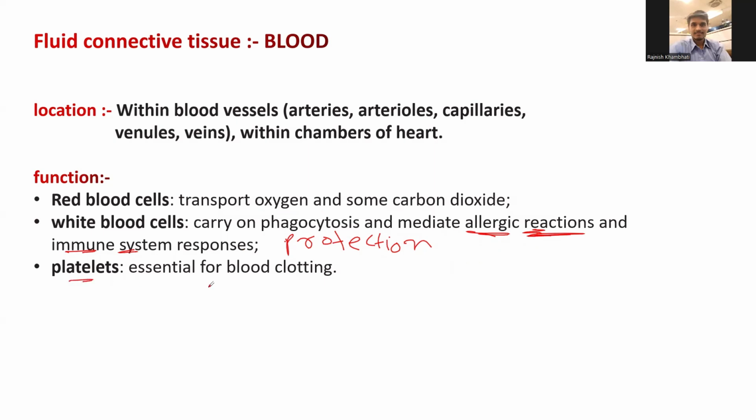And the last, platelets, are essential for blood clotting. You know, when you get some injuries, the body will bleed. So that blood after some time stops. And that mechanism is known as blood clotting, where at the injured part from where the blood is coming out, blood will make a clot-like structure.